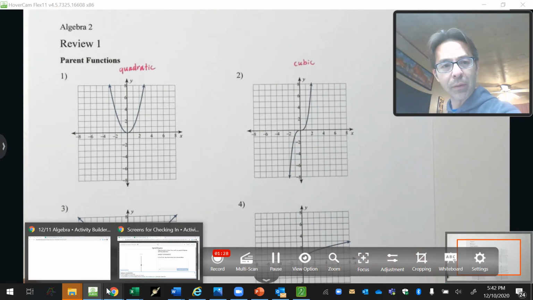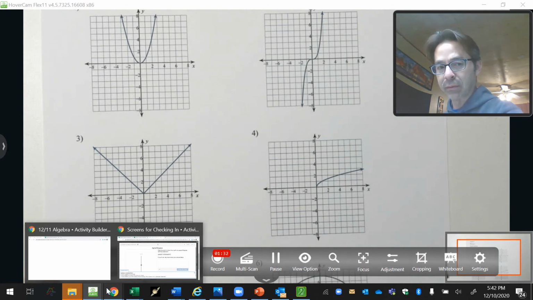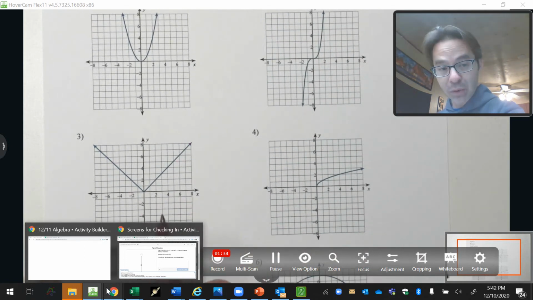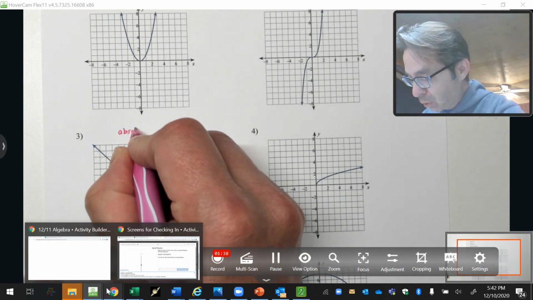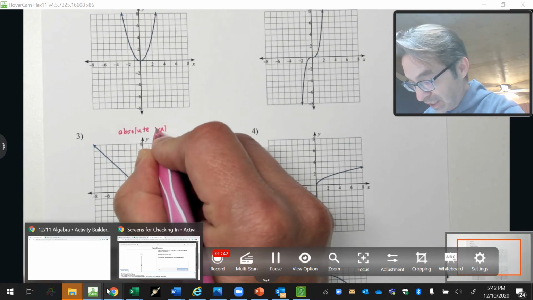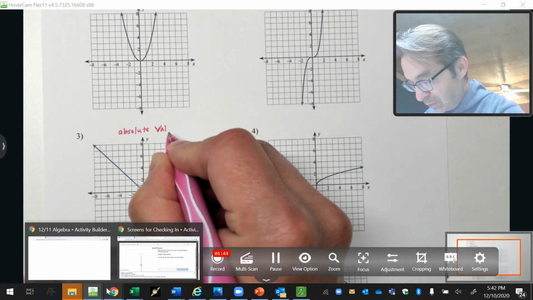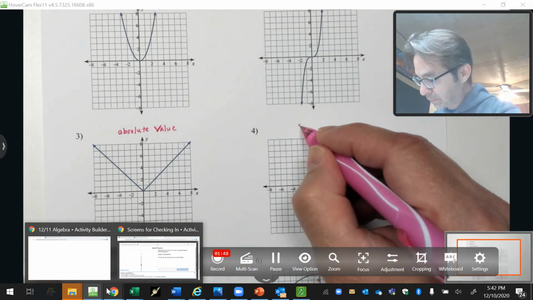We haven't covered that one very often. Absolute value makes a V. If it makes a V, it's absolute value. See, V for value. And this one is the square root function.